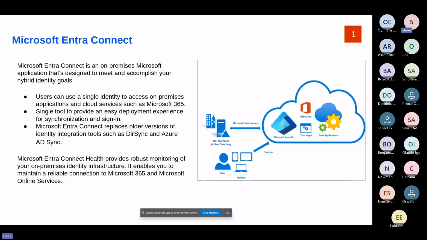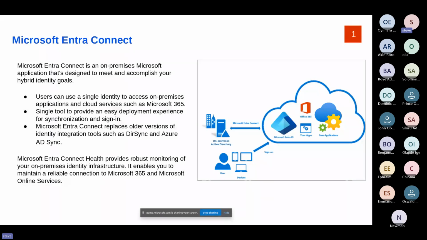So now what this means is that the Microsoft Entra Connect is an application that is deployed on the on-premise environment that is designed to help you to synchronize your on-premise with your cloud environment. So that's why it is called the hybrid identity, which is used for synchronizing your on-premise with your cloud identity.